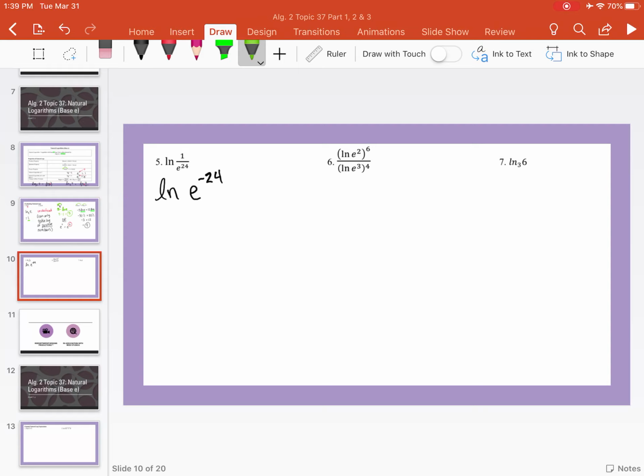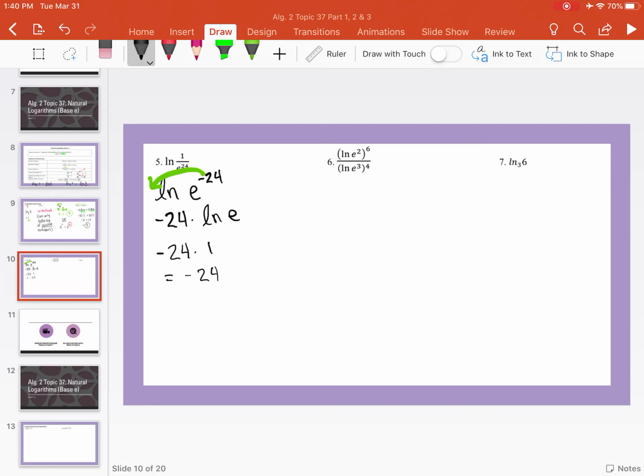And using our power rule, we can move our exponent down front and get negative 24 times ln of e. Now again, we know that ln of e is 1. So negative 24 times 1 gives us negative 24.